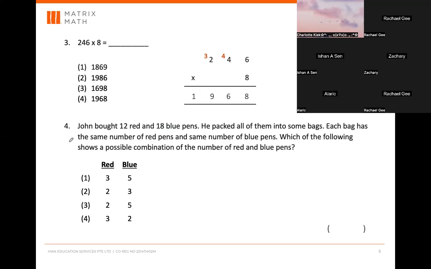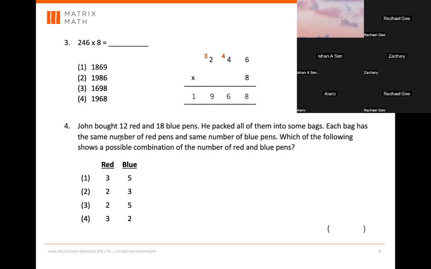Okay, question 4, John bought 16 red and 18 blue pens, so he packed all of them into some bags. So each bag, okay, has the same number of red pens and the same number of blue pens. So which of the following shows a possible combination of the number of red and blue pens? So I believe these are questions students get confused about because they see this statement here.